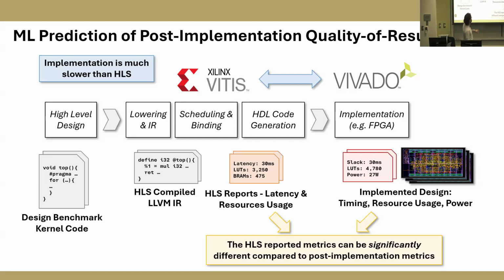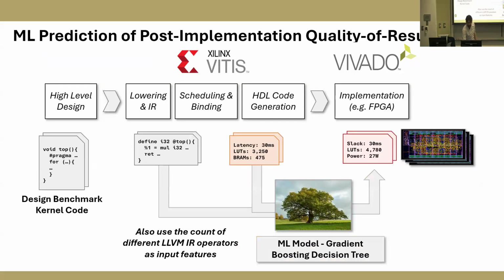And also, if we wanted to actually collect that number, this could take a couple minutes. This could take an hour or several hours, right? So the idea is that we want to get that number without having to run Vivado, right? So what we can do is we can take the report from Vitis HLS, and then we can take some aggregated statistics about the lowered intermediate assembly, what the compiler is generating as it lowers your design.